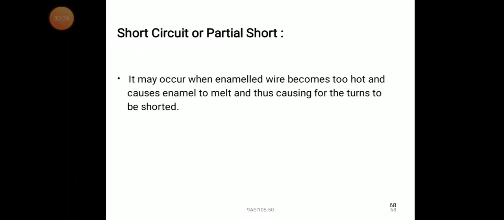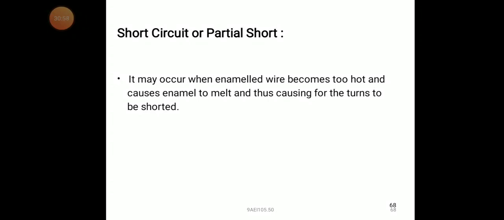Whenever we use copper wire to make the windings, we enamel this wire so that one winding does not short with another winding. This enamel protects the winding from one turn to another turn without any short circuit.